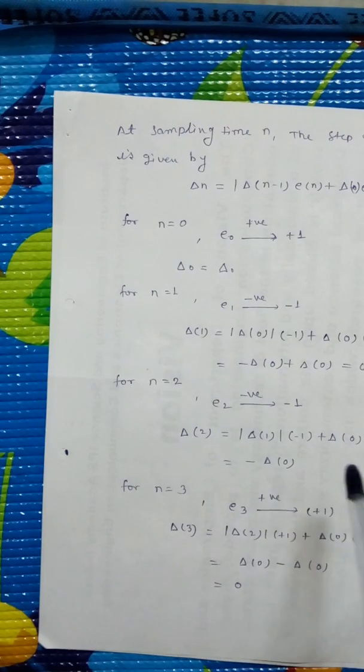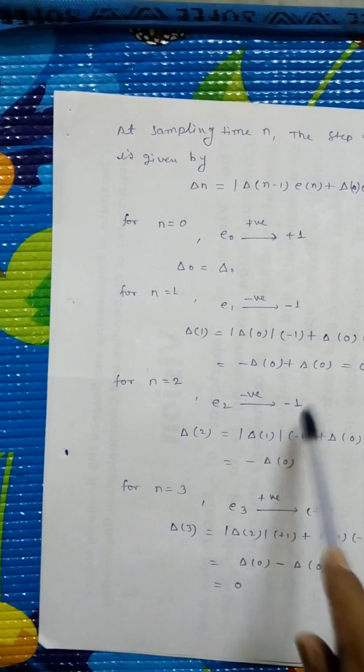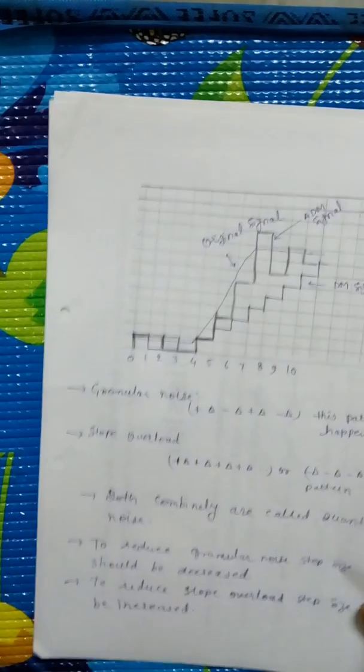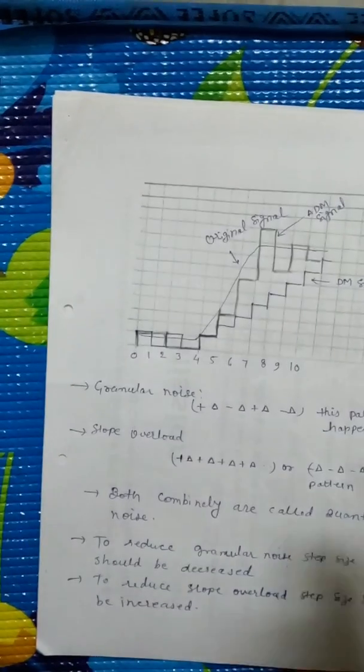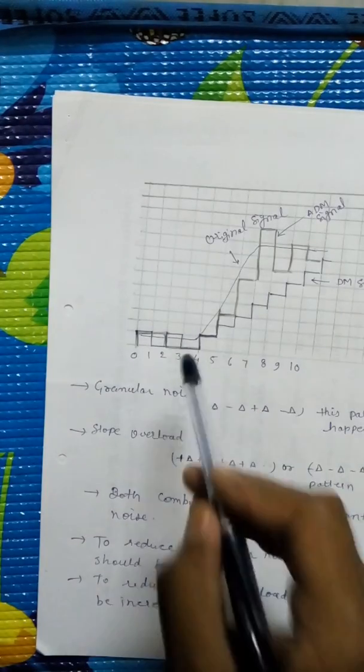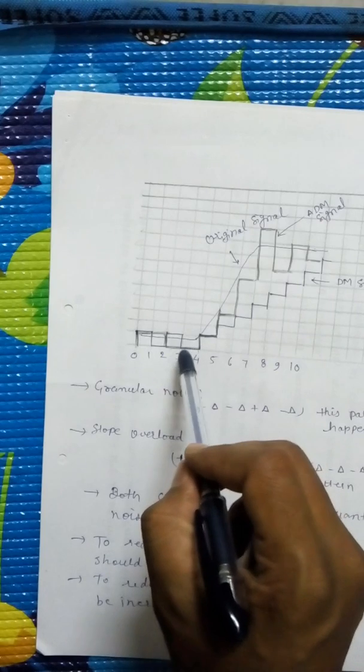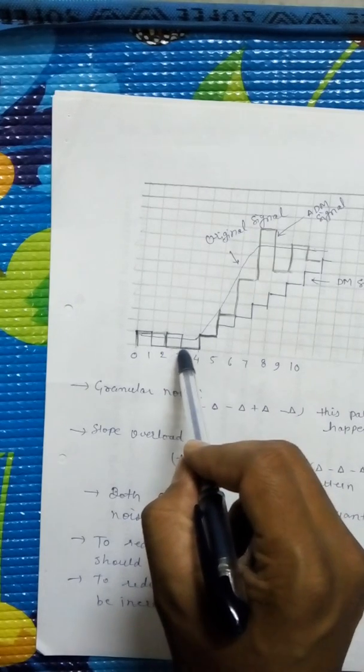In the previous case the error was minus 1. So put the value and calculate delta 3, and delta 3 is 0. It means there is no change in step size for n equal to 3.